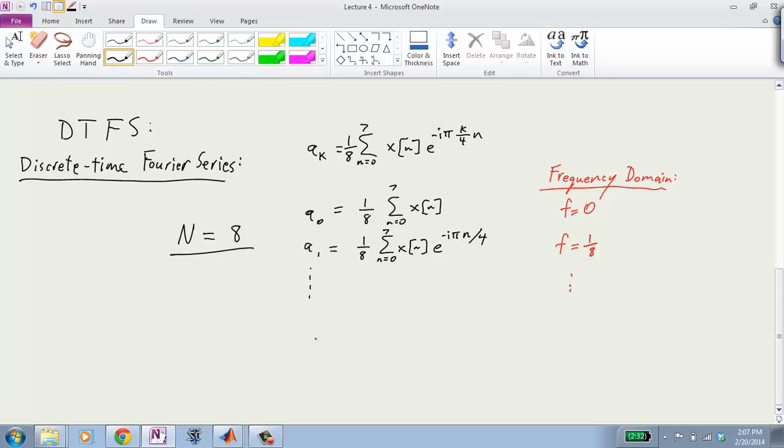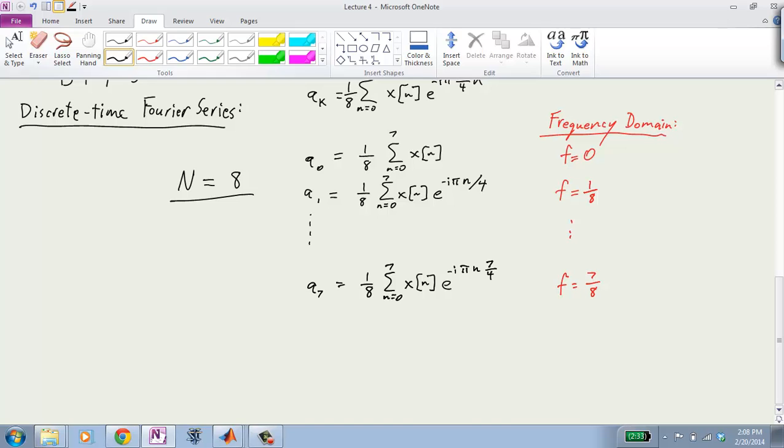So basically, we only have to go up to A7. The frequency there would be f equals 7/8. All right. Out of curiosity, what happens if we try to calculate it for k equals 8?